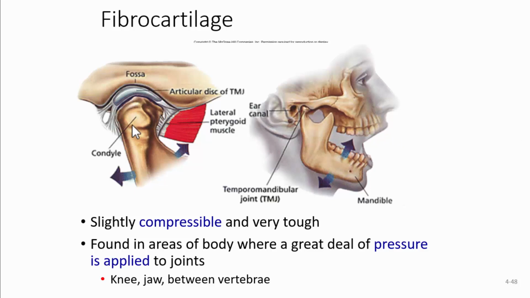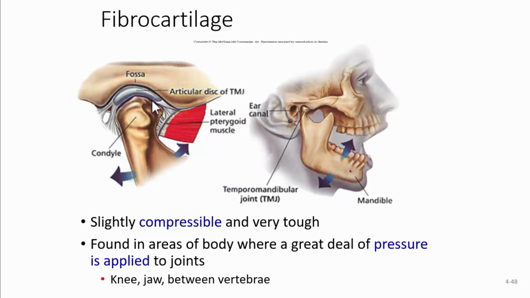And if we look here, you'll see the condyle. That's the condyle right here. This is part of your skull right here, the temporal bone. Okay. There's what we call the mandibular fossa, which is kind of an indentation that this condyle fits in. But right in between there, we have this articular disc of the TMJ.